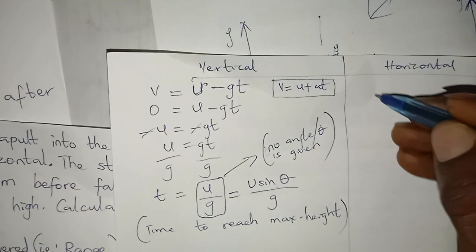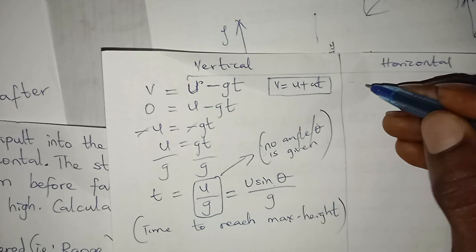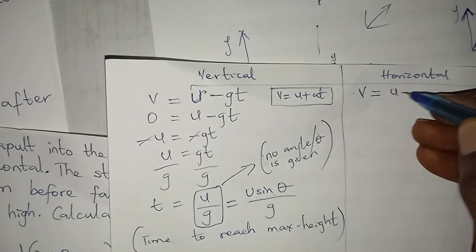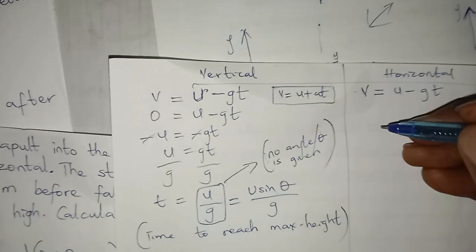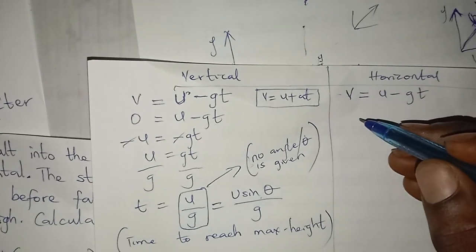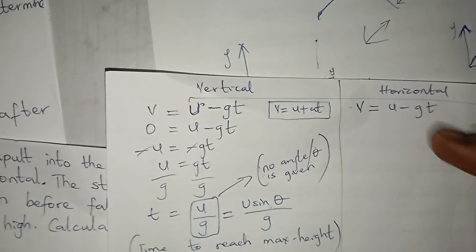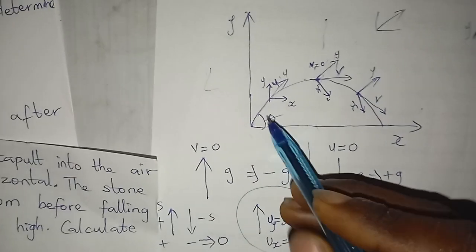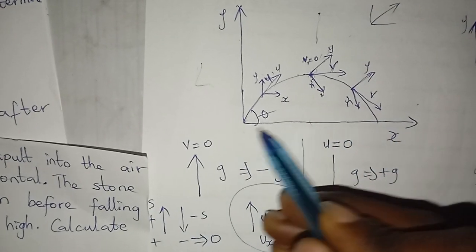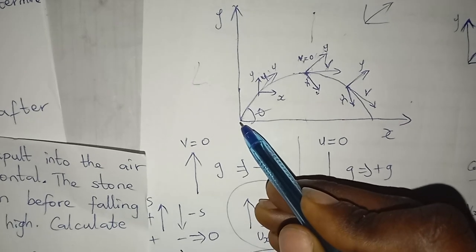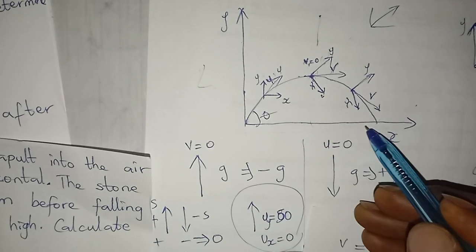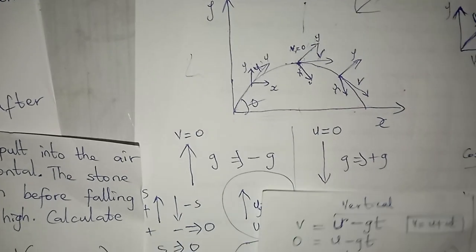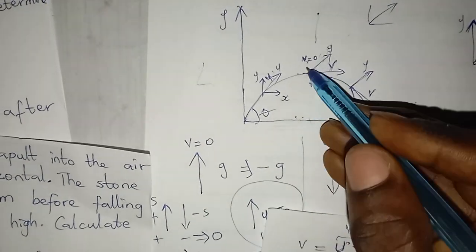If I am at the horizontal axis, applying v equals to u minus gt. So what it means is that at the horizontal axis here, if they ask me to find the time to get to this horizontal axis, the time I will be considering will no longer be time of maximum height, because maximum height is simply to go this way.